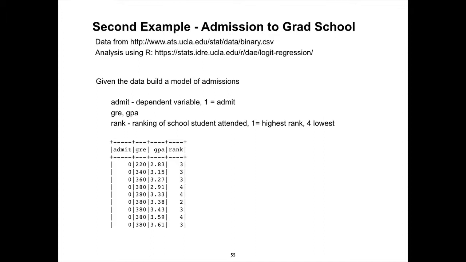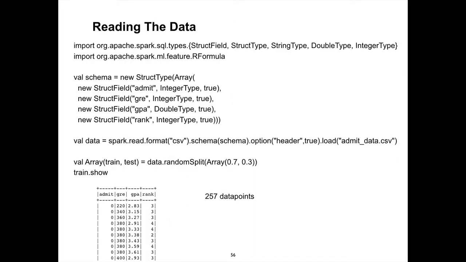And so we want to train a model so that, presumably next year, we can just say, here's the data, tell us who to admit, right? And so again, it's pretty straightforward. You have to read the data. Again, I'm just using the schemas, making sure I get the right type. And there are like 250 data points.